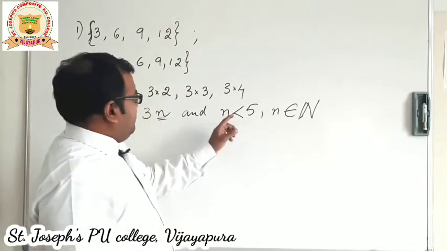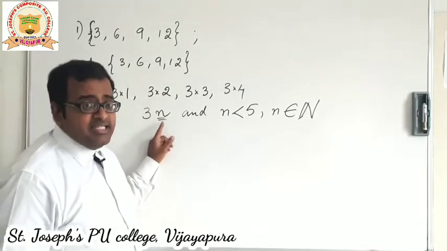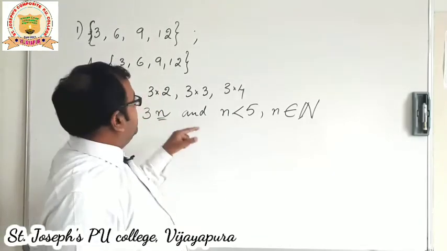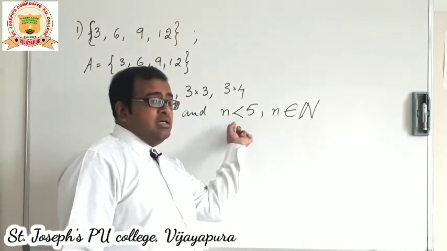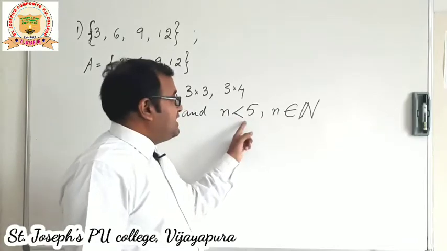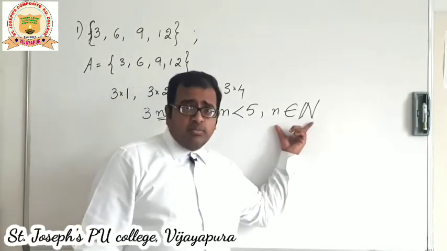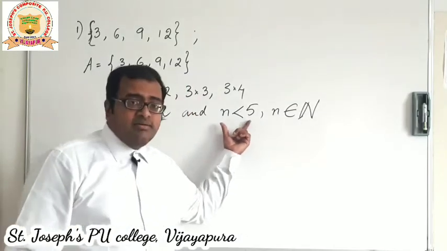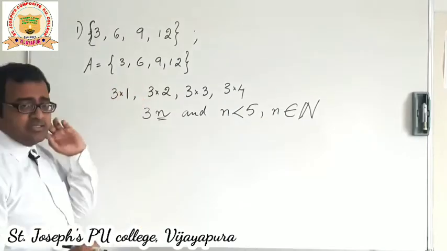Example, sir, if n is 6, so 3 into 6 is 18, right? Does it belong to this A? No. Why? It does not agree with this condition, that is n is lesser than 5. 6 is not lesser than 5, but yes, it is a natural number, but it is not lesser than 5. So then that element does not belong to this set.